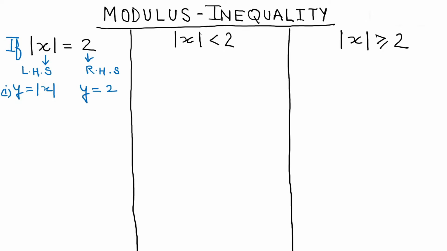Convert the left hand side as one function and convert the right hand side of the equation as another function. If you have a combination of functions on one side and on the other side, then you may choose this judiciously. Second thing is plot their graphs, meaning graphs of both.